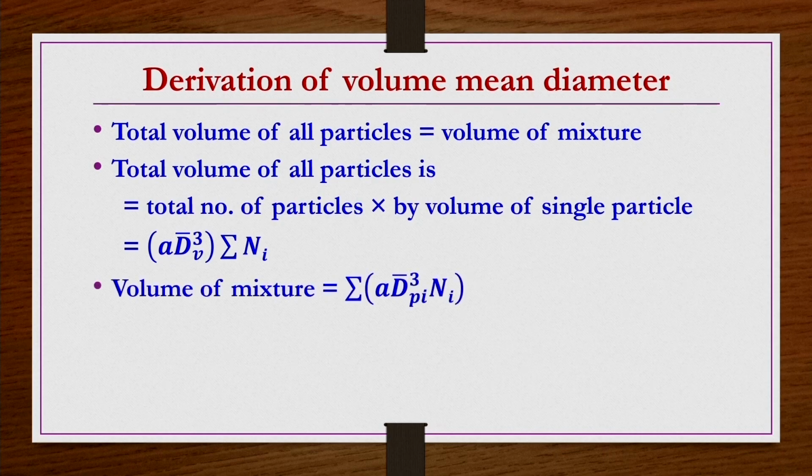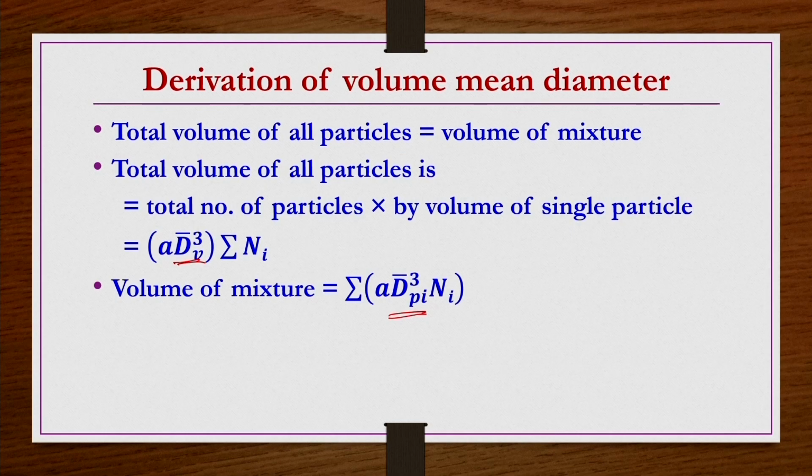Then the volume of the mixture should be ΣA d̄_pi³ N_i. For each individual increment you know the d̄_pi, and for each increment you know the number of particles N_i. You multiply them and then sum over all the increments. Here d̄_pi is the average diameter for that screen increment, whereas d̄_V is the volume mean diameter for the entire sample.